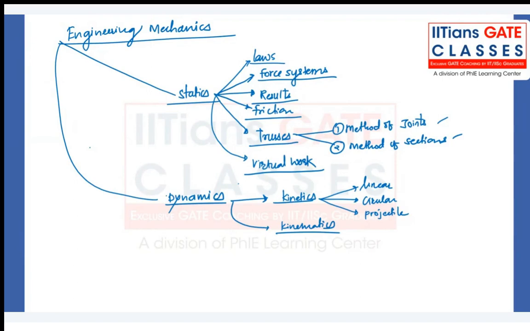How can we find the maximum range of the projectile, the maximum height the projectile reaches, or at what time the projectile will reach the maximum height, or the total time of travel of the projectile, etc. So all these things we have studied for the curvilinear motion or projectile motion.